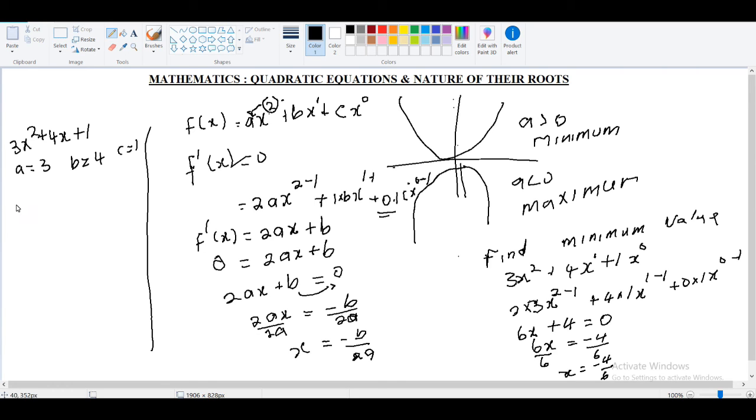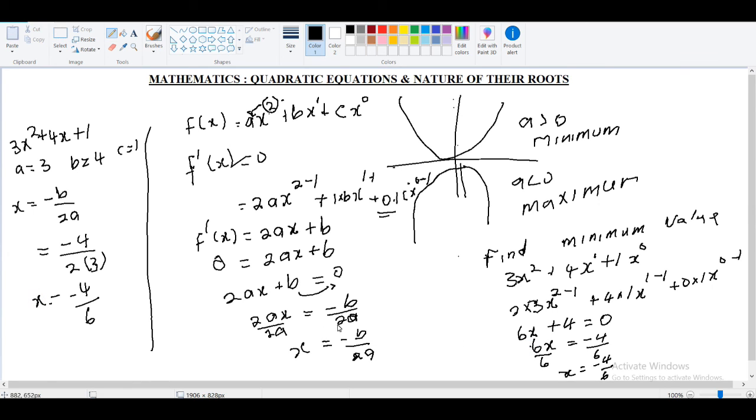The equation says x is equal to minus b over 2a, right? The value of b is 4, so you say minus 4 over 2 times a, and a is 3. So you get negative 4 over 6, the same answer as before.